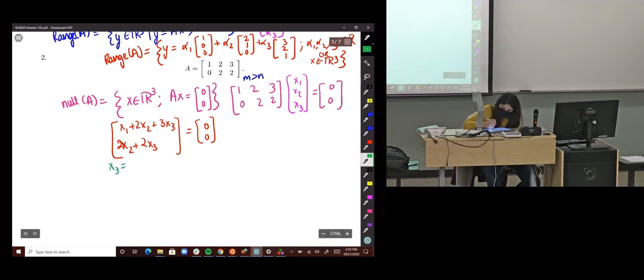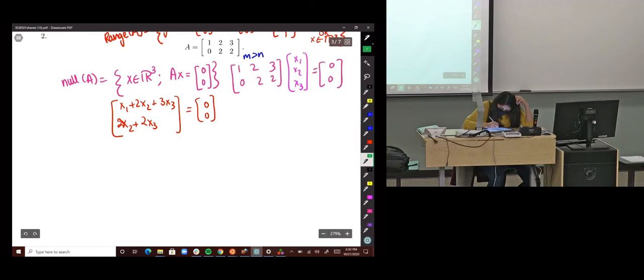Let's say x3 equals 0, and then x2 equals 0, and then we want to get x1, x2, and x3 such that these two equations are satisfied.